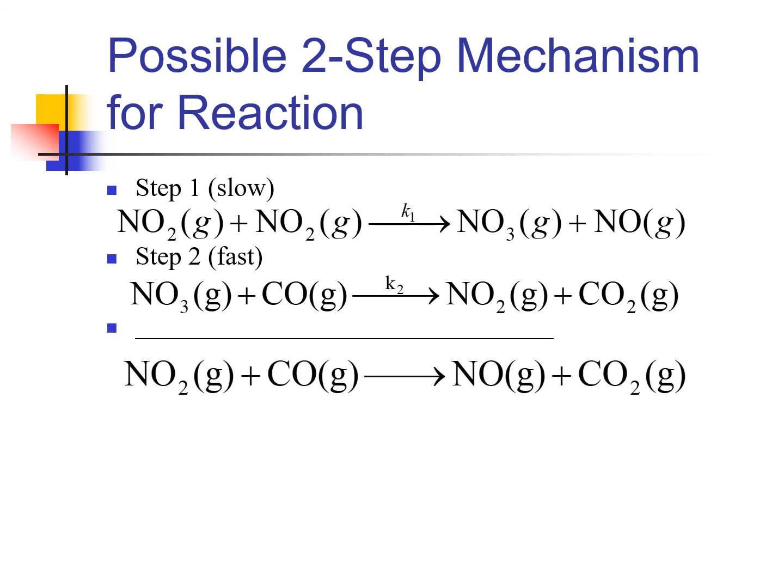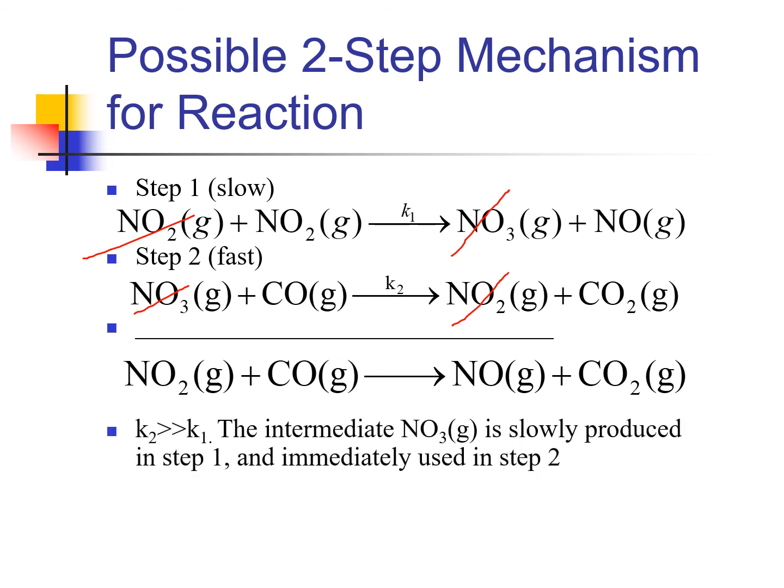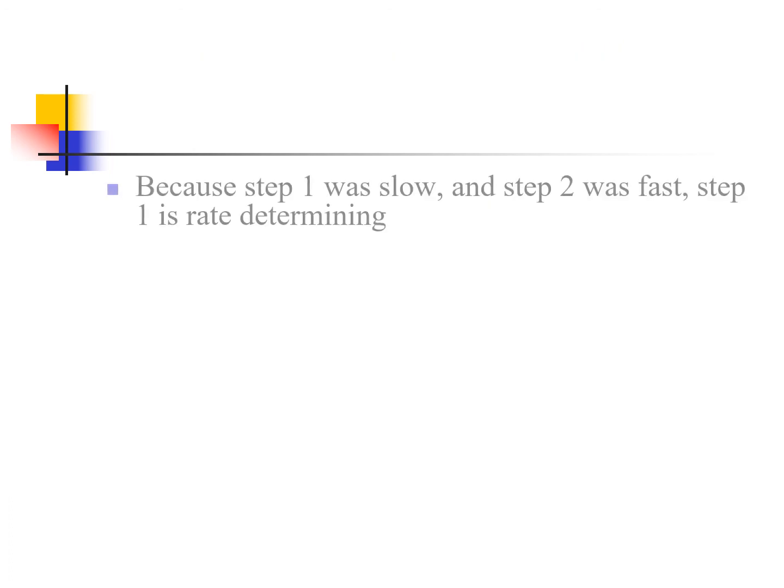So, overall, we can look at this: the NO3 gets canceled, and NO2 there gets canceled, so it does add up to the right thing. But if we want to see if this is reasonable, we have to look at the slow step. So again, the first step is slow.